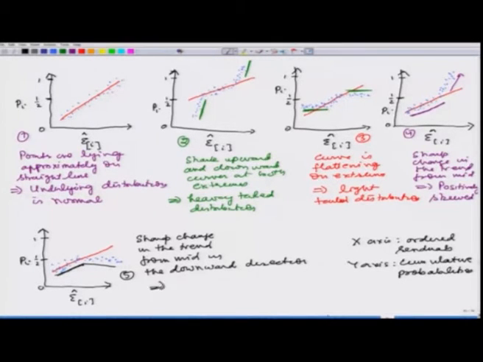So this implies that the observations are coming from a distribution which is negatively skewed.